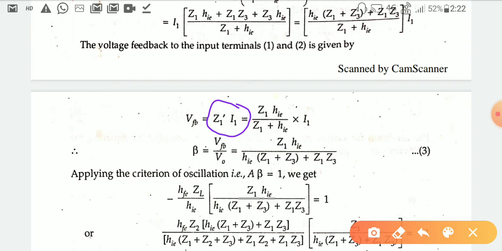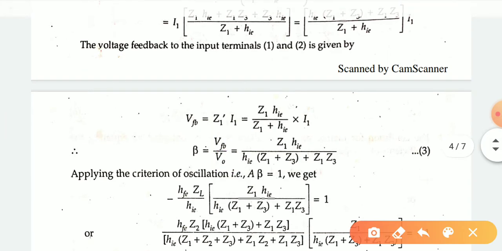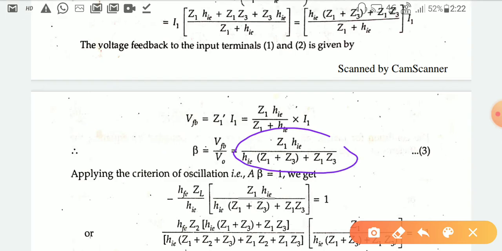The output is coming from that particular section as VFB, and the input applied is V0, which is also connected on the input side. So V0 is defined here. If you put these two values individually for VFB and V0, then the expression for beta will become this.